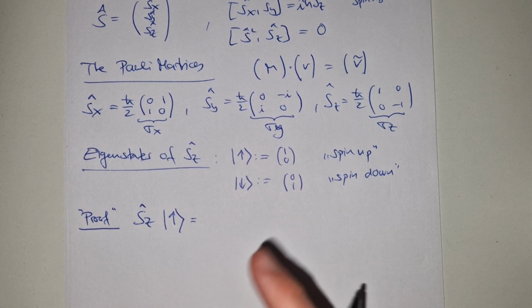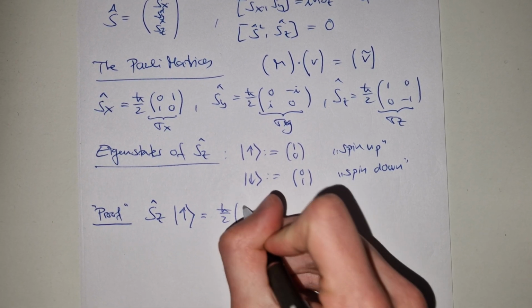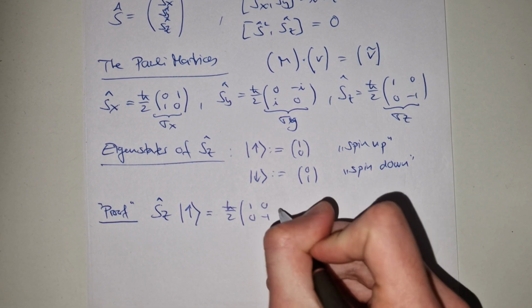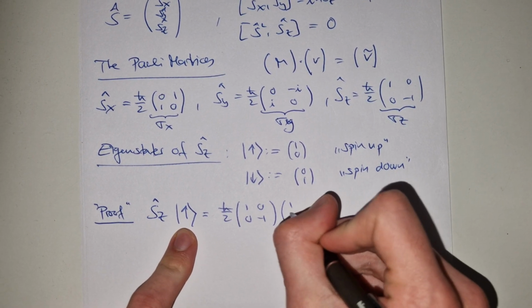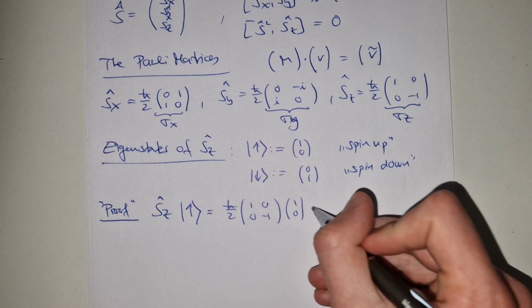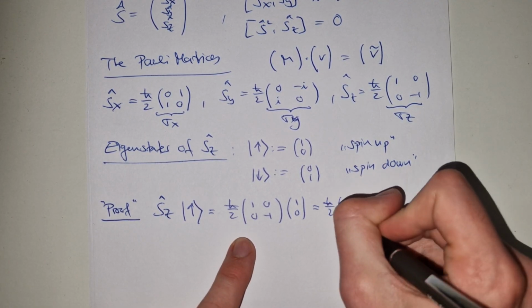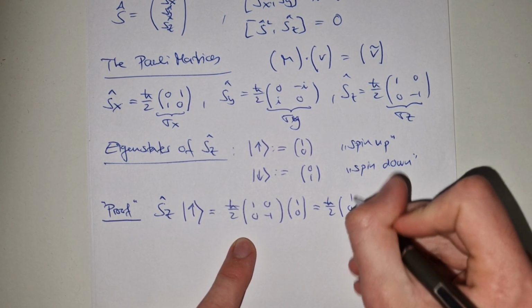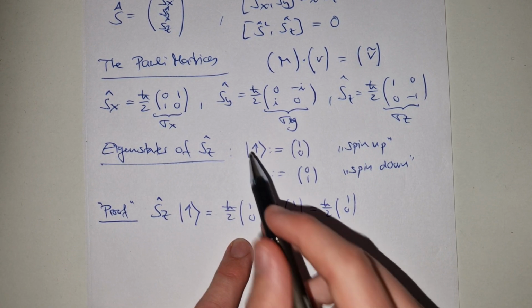So SZ is this matrix, h bar over 2 times (1, 0; 0, minus 1), and spin up is the vector (1, 0). If you multiply these two together, what you get is (1, 0) again, and (1, 0) is nothing else but spin up.